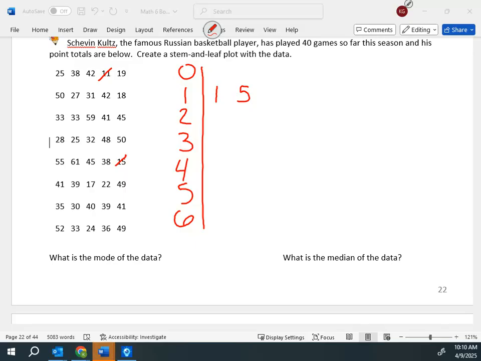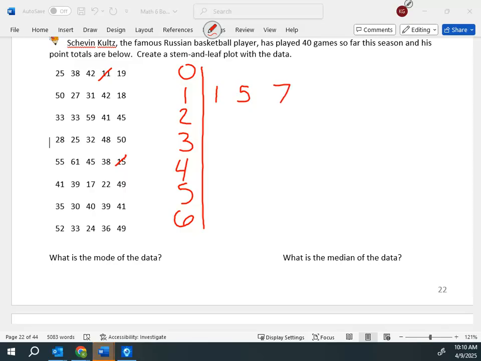So you've got the numbers over on the left. That's the first numbers. When you're creating it for the first time, you just want to put the leaf. So you're just putting the 1, then you're just putting the 5, because we already have the 10s part. So just put that single number. Gemma, what am I going to put next? 7.